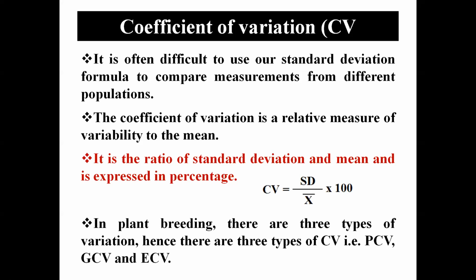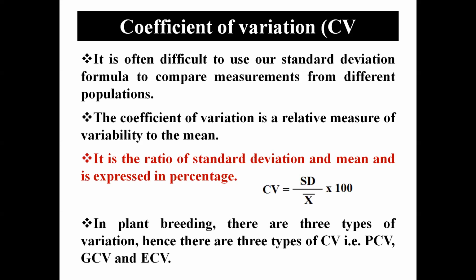So statisticians developed a new measure for comparison of variation, and that is coefficient of variation. It is a relative measure of variability to the mean. This is not mentioned in centimeter, gram, milligram, etc. This is relative measure, and it is expressed in percentage.